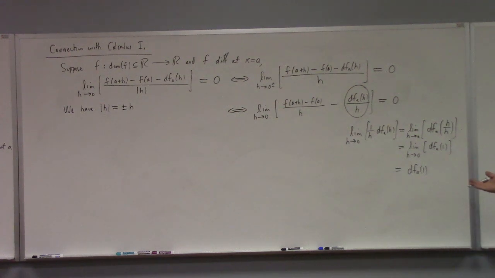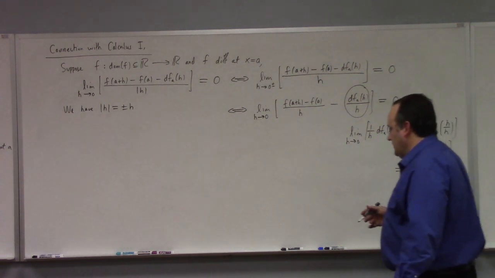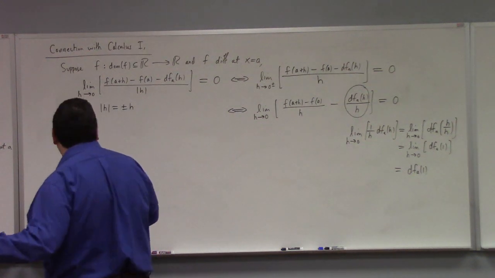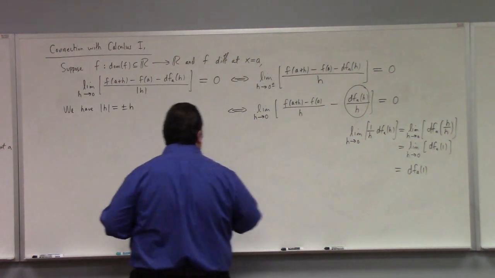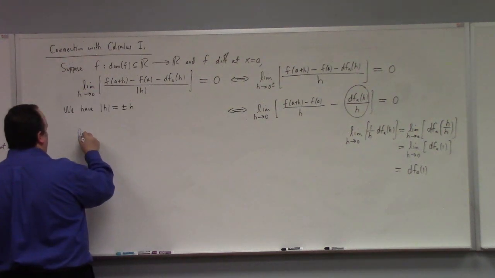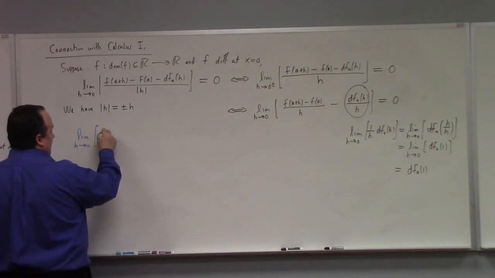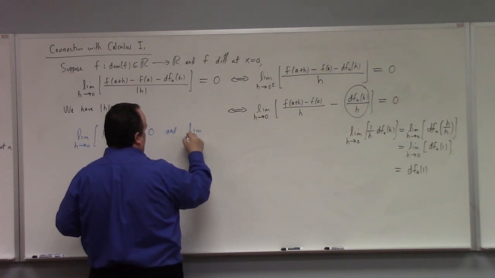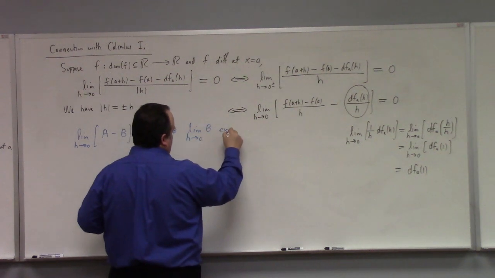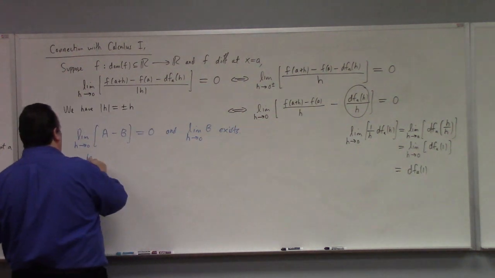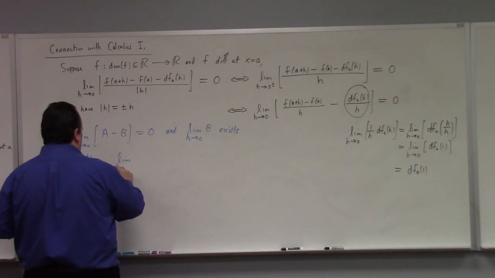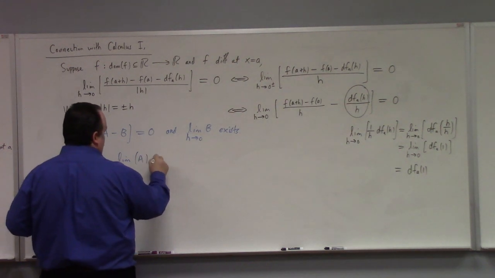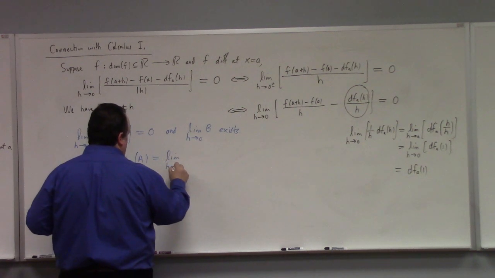All of this to say that that limit exists, right? And it's a simple lemma that you can prove. If you have the limit as h goes to 0 of a minus b equals 0, and the limit as h goes to 0 of b exists, then that implies that the limit as h goes to 0 of a has to be equal to the limit as h goes to 0 of b.